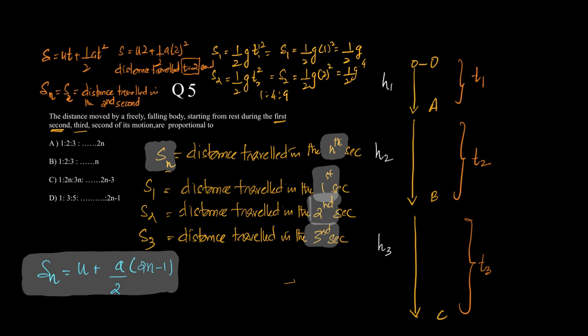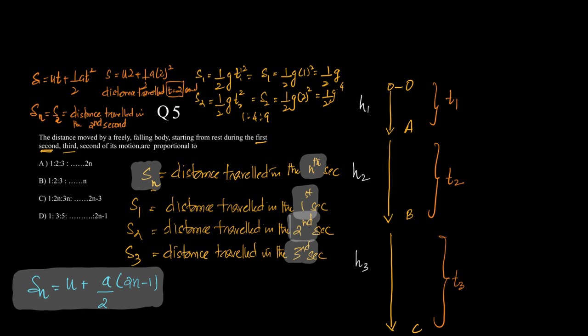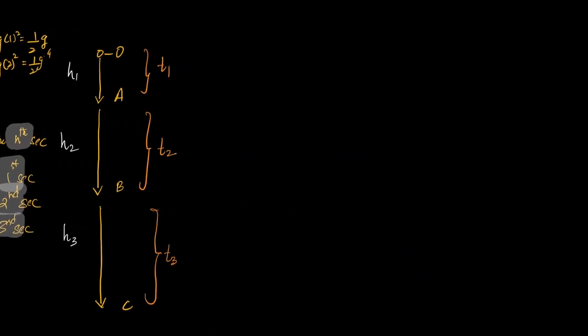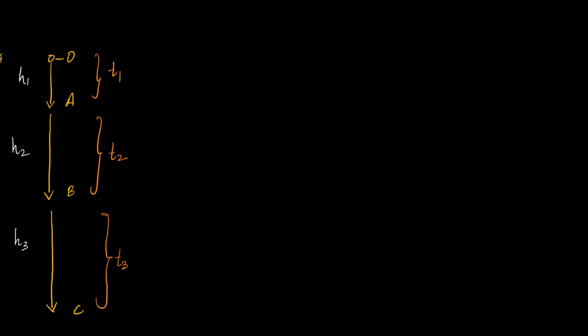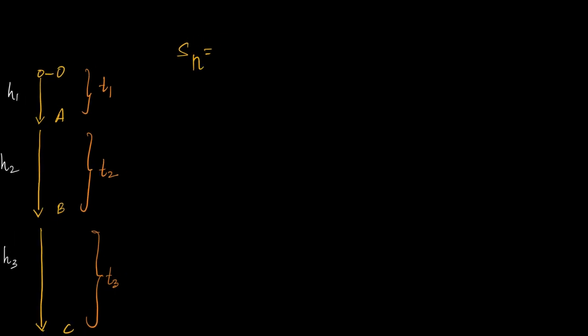We are purely dealing with entrance level topics, so let us not go into the derivation part. To make the concept clear, we rewrite the equation: Sn is equal to u plus a by 2 into 2n minus 1.